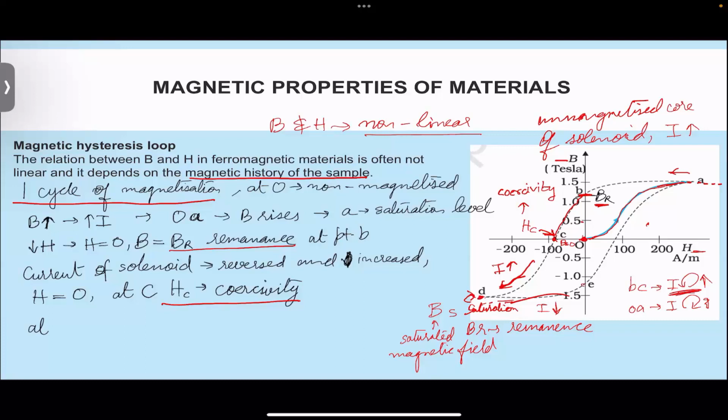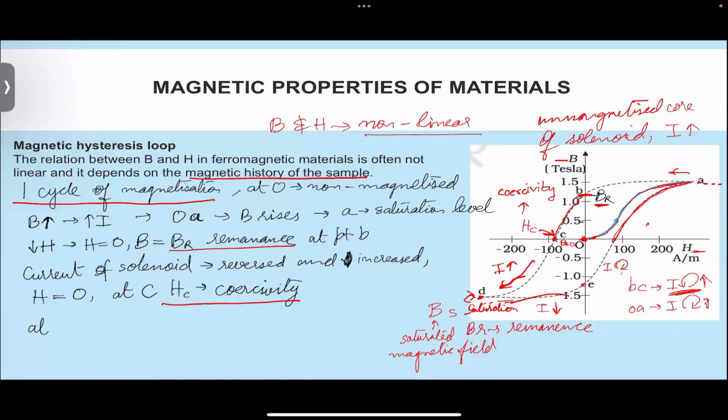Now after E, your I is again reversed to the original direction that was followed for OA. The cycle repeats itself, but from here to here is another curve that is going to be followed.